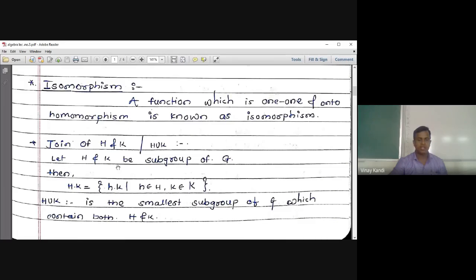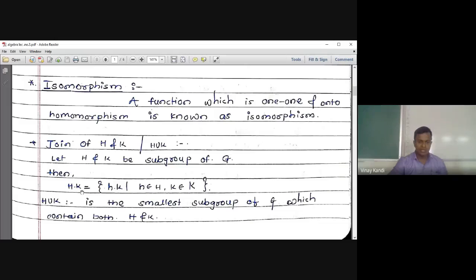Let H and K be two subgroups of G. Then the join of H and K we write like this: H dot K is equal to small h times small k, where small h belongs to capital H and small k belongs to capital K. This notation is also called the product of two subgroups or join of two subgroups.